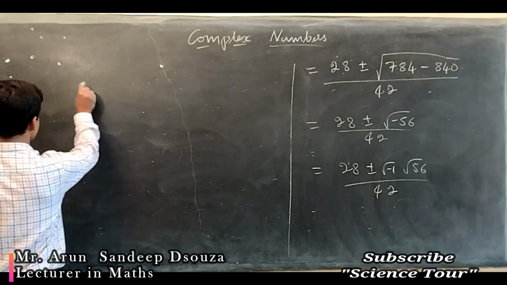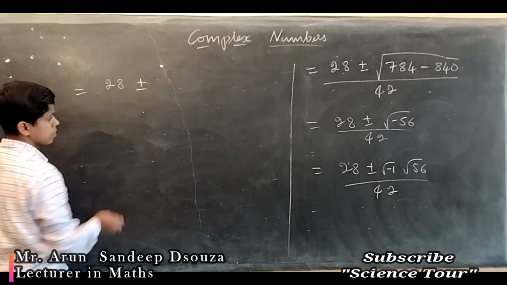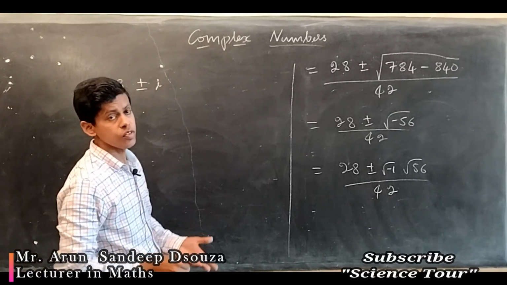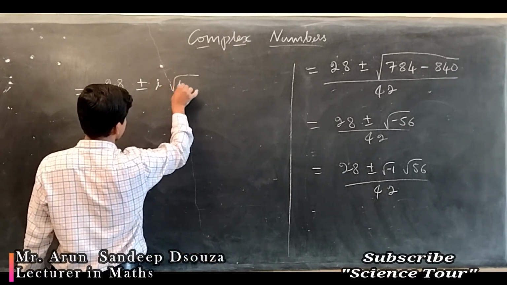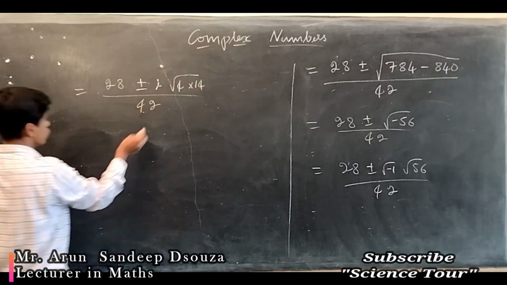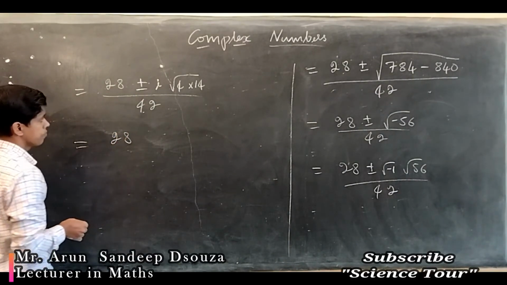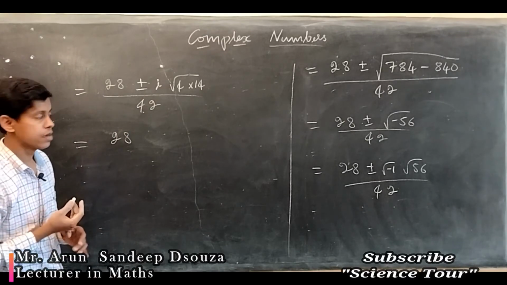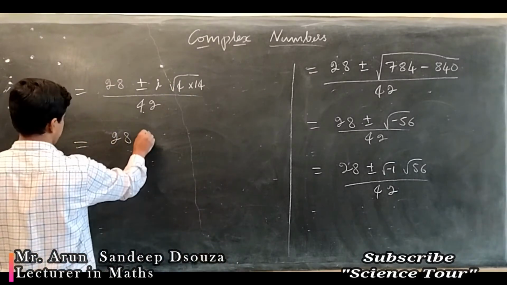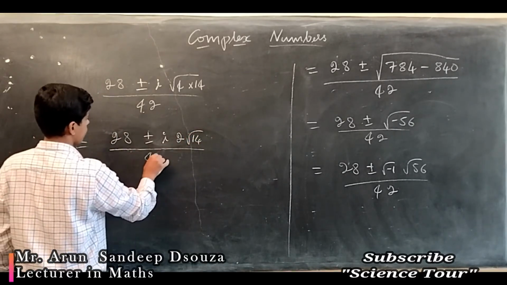So this is equal to 28 plus or minus, square root of minus 1 is i, root 56 I said I will write it as 4 into 14, divided by 42. So this is 28 and this is 2 root 14, divided by 42.